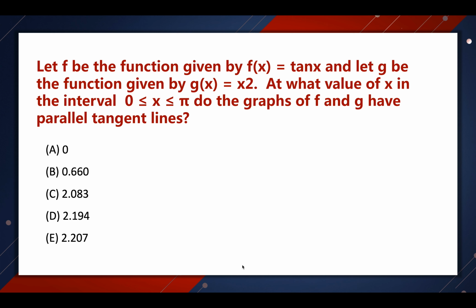At first we have to get the derivative of f, which is secant squared x, and the derivative of g is 2x, and then we know the derivatives are equal, so secant squared x is equal to 2x, and we will get the answer is C, 2.083.